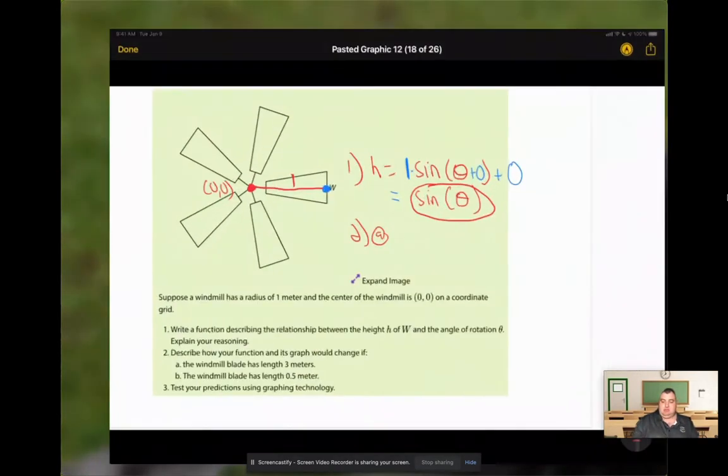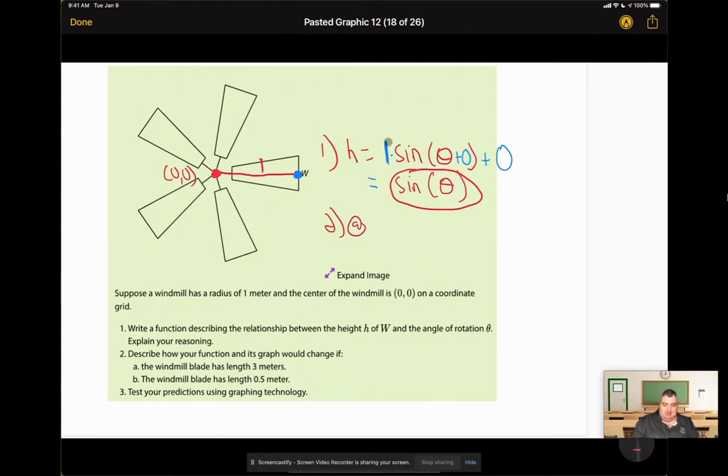So this number directly in front of sine would change from a 1 to a 3. It would essentially change to h equals 3 times sine of theta. And if it had a length of 0.5 meters, it would be h equals 0.5 times the sine of theta.